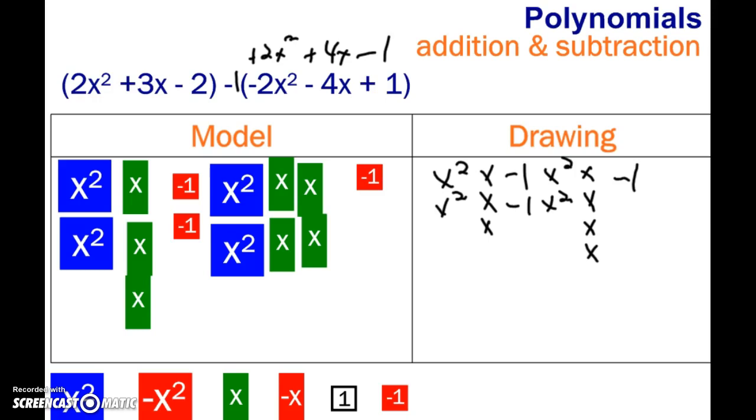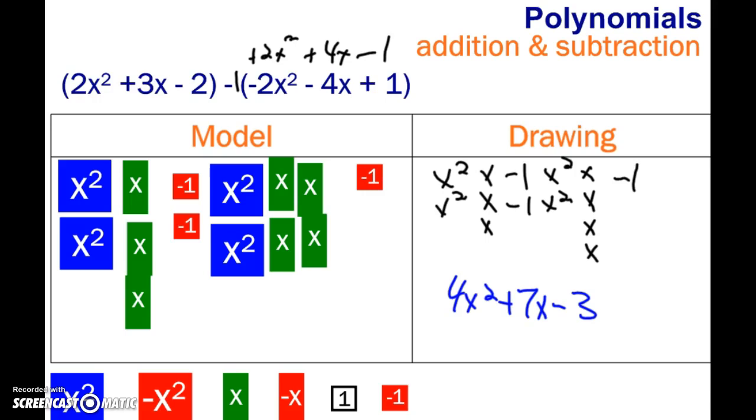So let's see, x squareds, they're all positive x squareds. My x's are all positive, and my ones are all negative. So I get my answer: 4x squared plus 7x minus 3.